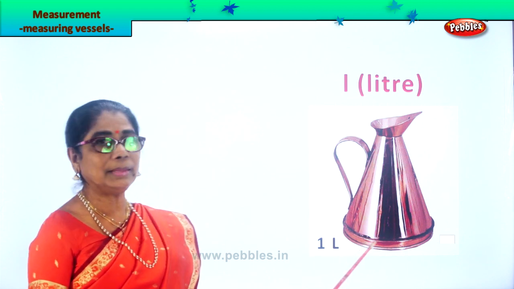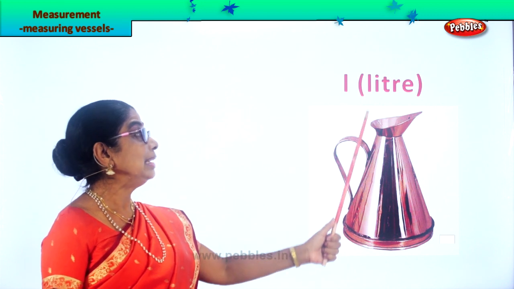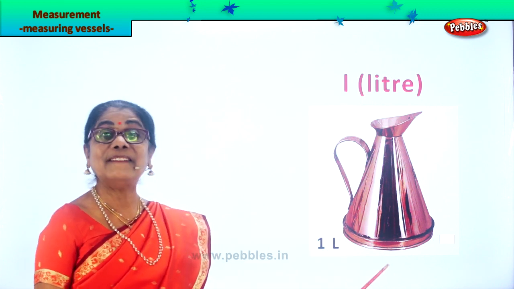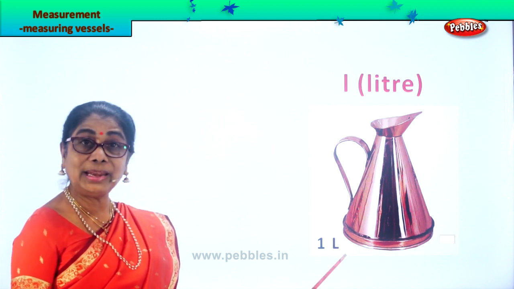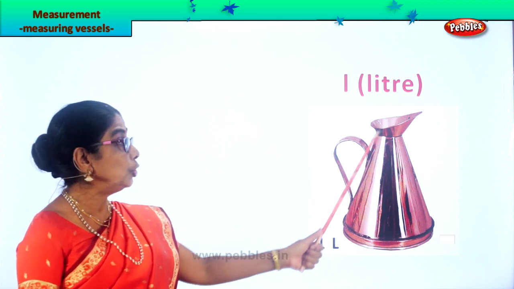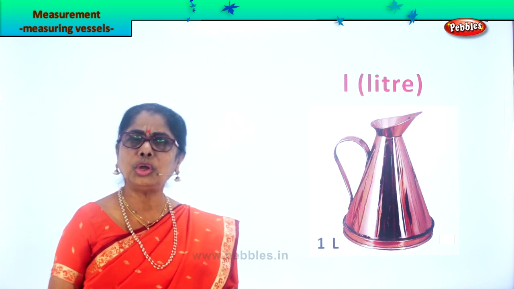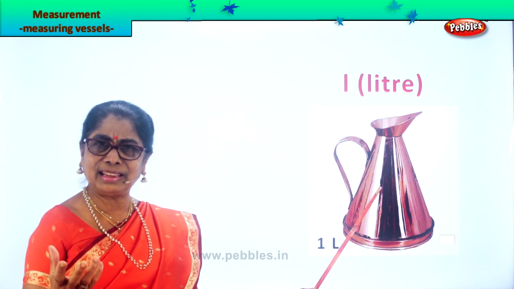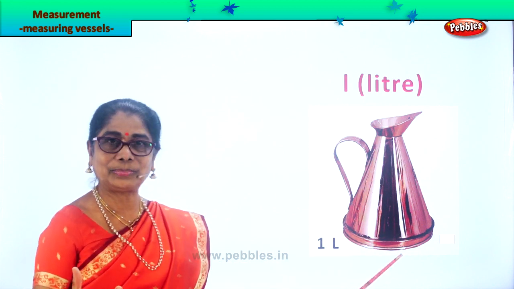Sometimes you see this in the market. This is a 1 liter vessel. 1 liter, how do you write? Short form L. So you can put into this water or oil or milk or anything. 1 liter capacity.